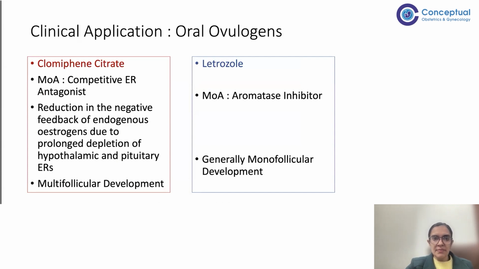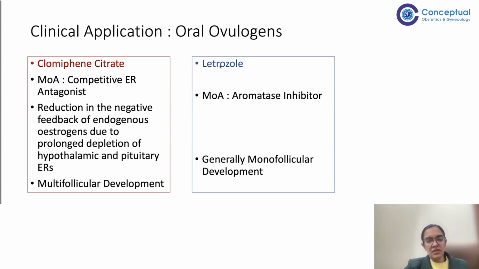Plus, this has application in oral ovulation induction as well. Again, clomiphene citrate is a competitive antagonist. So if one follicle was selected and started making estrogen, but the pituitary receptor is blocked, the pituitary thinks that it doesn't have enough estrogen, so it starts to secrete more and more FSH. So one or two other follicles which had a higher threshold and required a longer window also get selected, right?